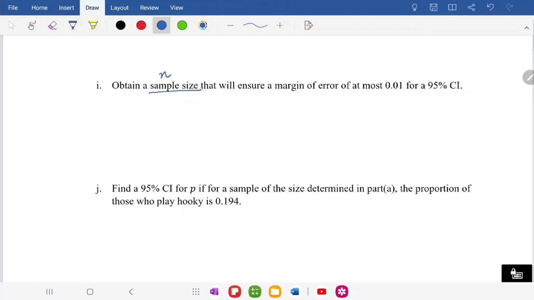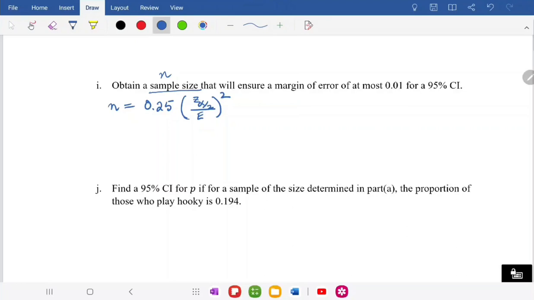N, the sample size, and there is a formula to find the n, all right, for proportions particularly, and that is 0.25, which is a constant value, 0.25 times z of alpha by 2 divided by e, which is the margin of error, squared.